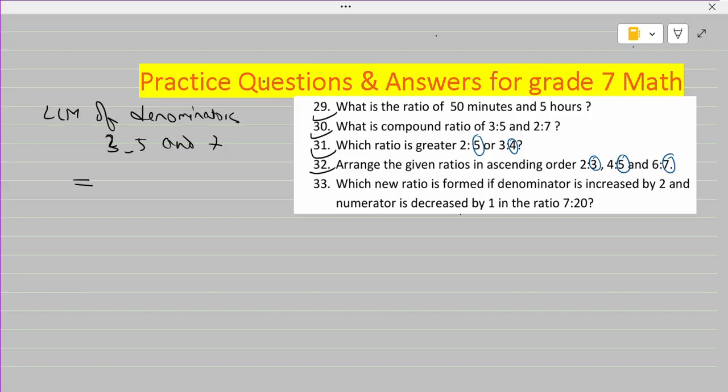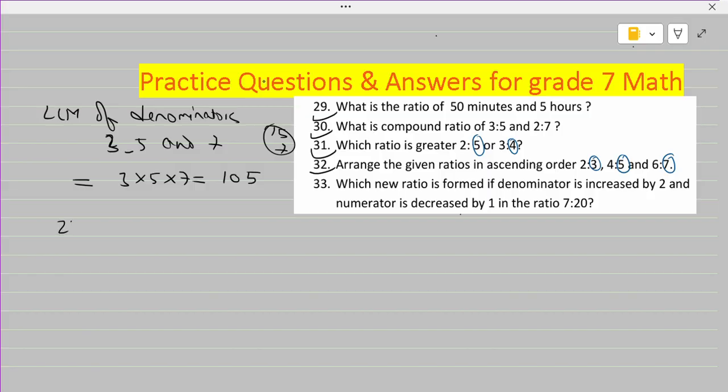They are not sharing any common factors, so directly their product will be the LCM of the denominators. So how much do we get? 5 times 3 is 15, 15 into 7 is 105. So 105 is the LCM of the denominators. So we have to make 105 in the denominators of all three ratios.